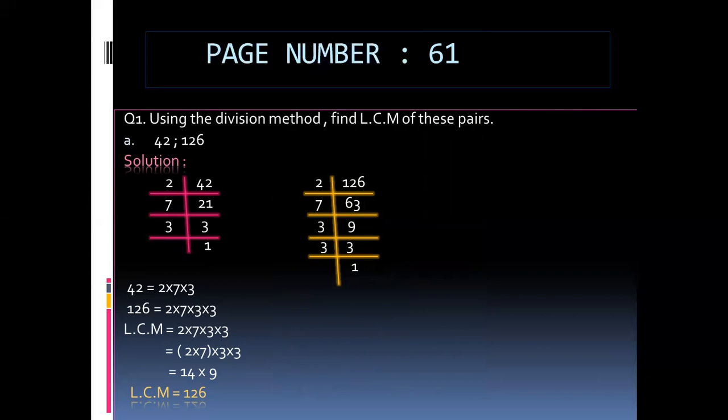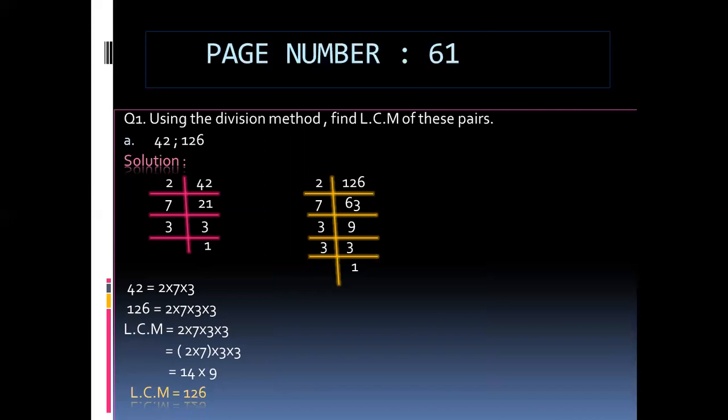So we find the prime factors of 42 by division method. Factors of 42 are 2 multiplied by 7 multiplied by 3. And same for 126, the prime factors are 2 multiplied by 7 multiplied by 3 multiplied by 3.